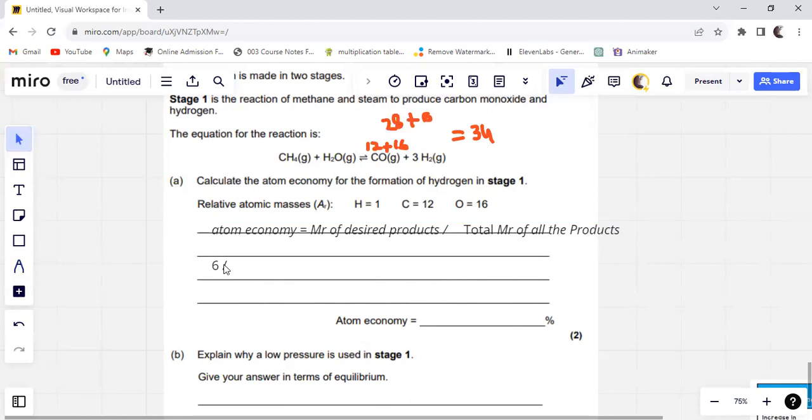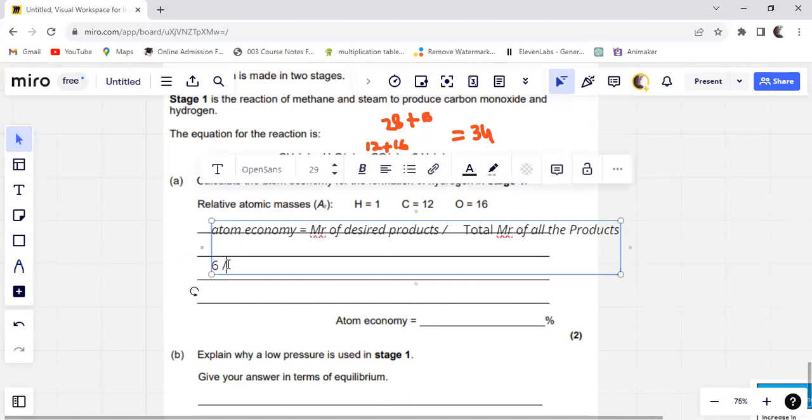So we will write 6 divided by 34 times 100.